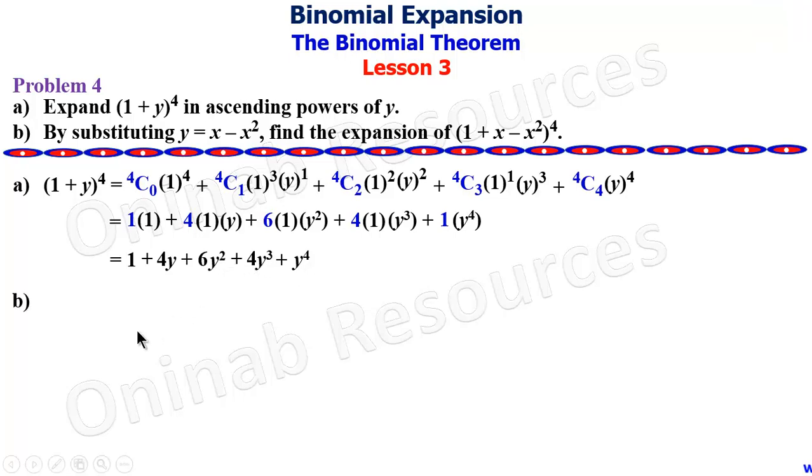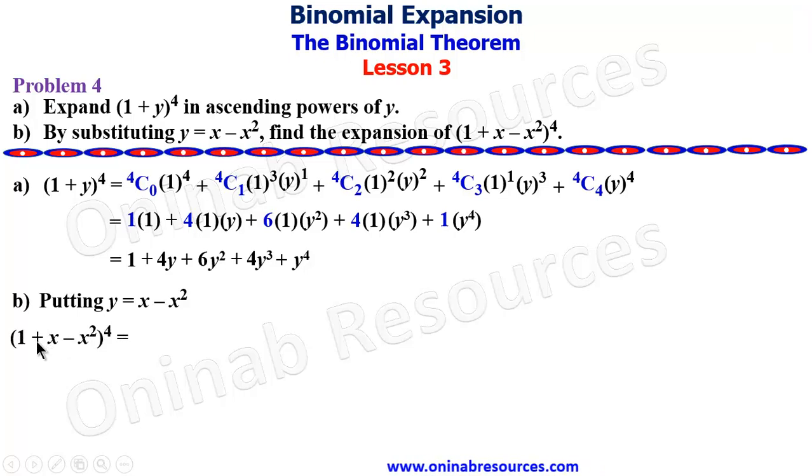We go to B. We are to substitute y equal to x minus x squared to find the expansion of this. That's 1 plus x minus x squared to the power of 4. So we go by putting y equal to x minus x squared.